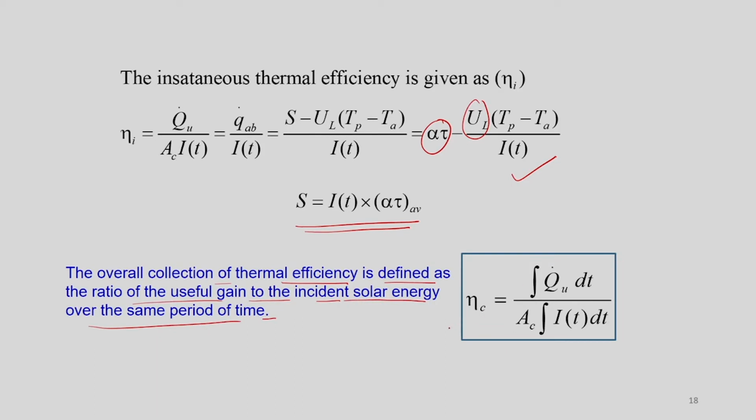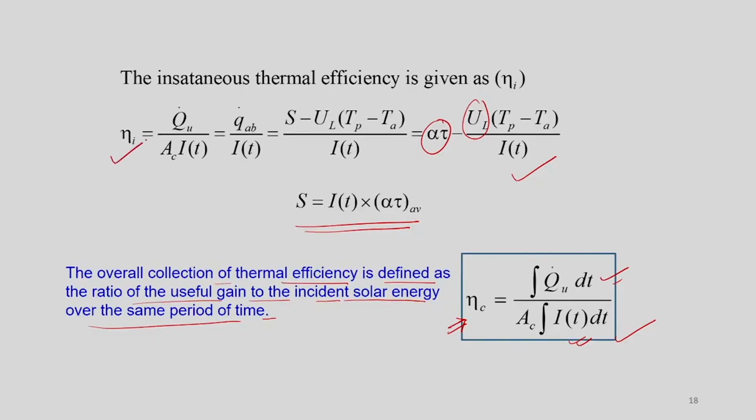To calculate this collector efficiency, we can integrate over time. This is for useful heat gain and this is for the amount of solar radiation received at a particular site, so you can straightaway calculate the collector efficiency. This expression is for instantaneous efficiency and this is for time-based collector efficiency.